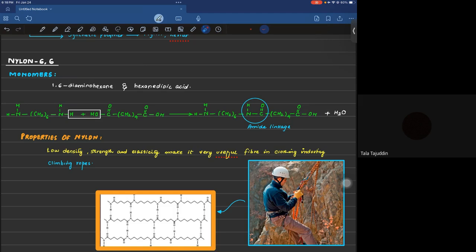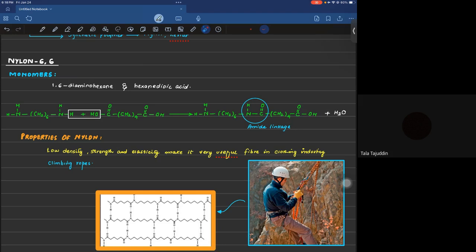Graphene is a single layer of graphite, which is light in weight but very strong, because it's a giant covalent structure with a lot of covalent bonds between the carbon atoms. So same goes with this. It has a low density, elasticity is higher, and the strength is also good, which makes it a very useful fiber in the clothing industry.